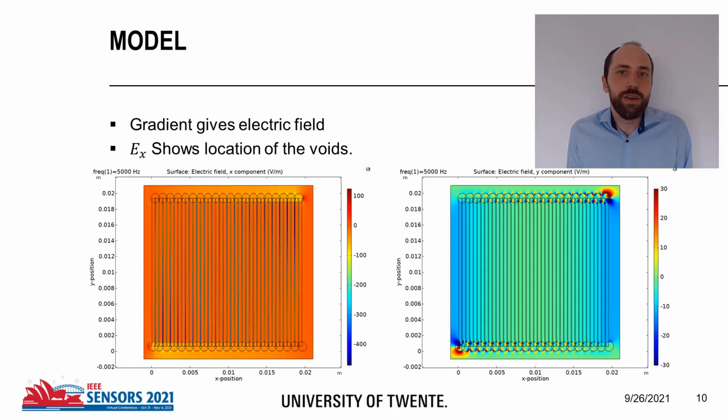Now, if we calculate the gradient of this to get the electric field, the x component of this field will very clearly show the location of the voids between the traxels.